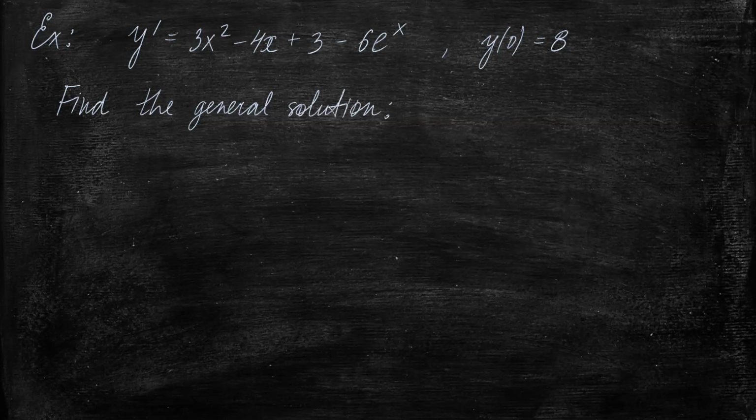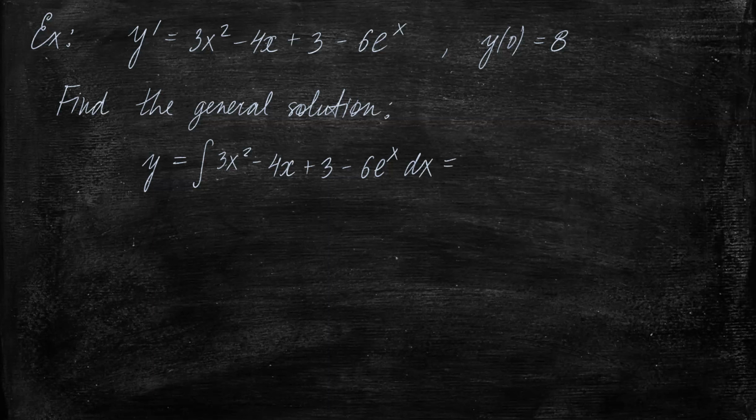And to find the general solution, we're going to interpret this question as the question about the antiderivative. So we find y, the unknown function, by finding the indefinite integral of 3x squared minus 4x plus 3 minus 6 e to the x.